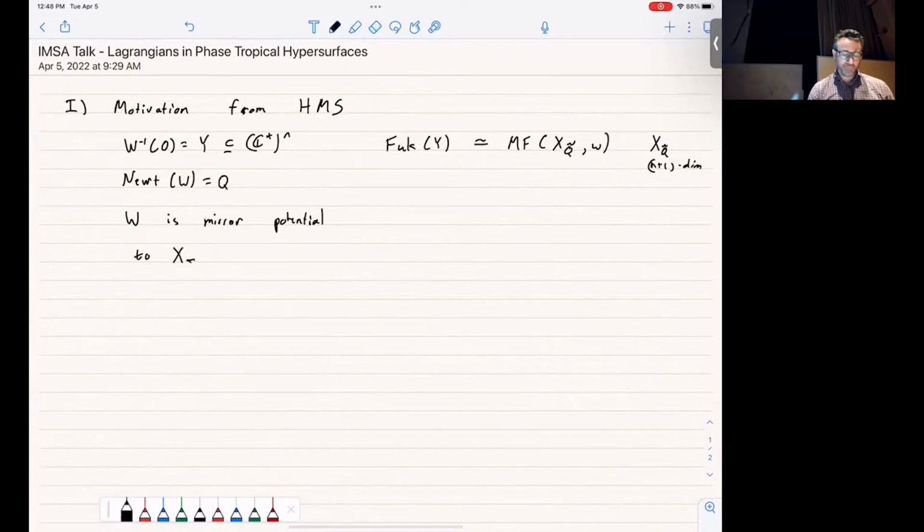And there's a Fukaya-Seidel category of W. For the first case, we don't need W to be such a mirror, but in this case, there's a Fukaya-Seidel category of W, and this is conjectured to be quasi-equivalent to the derived category of sheaves on the toric variety, or stack.